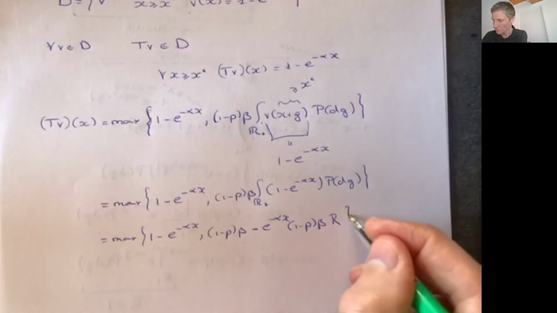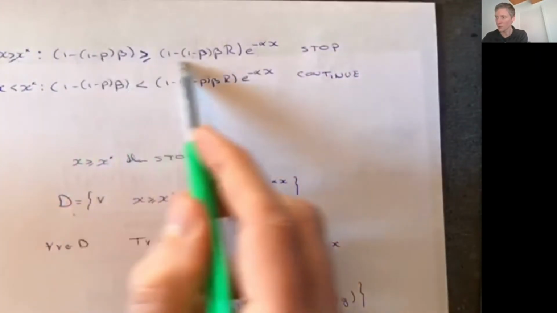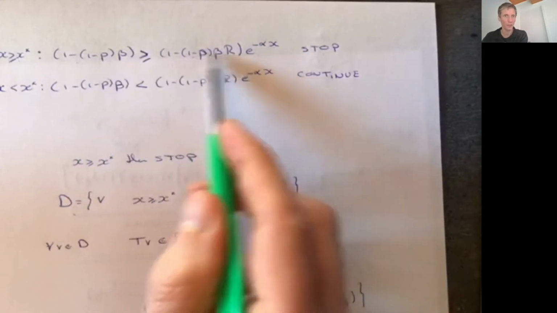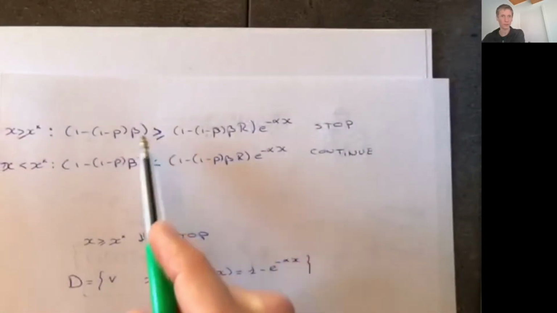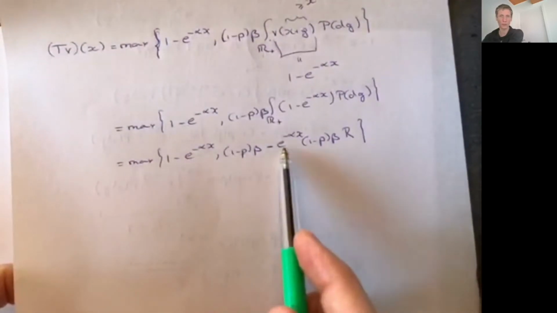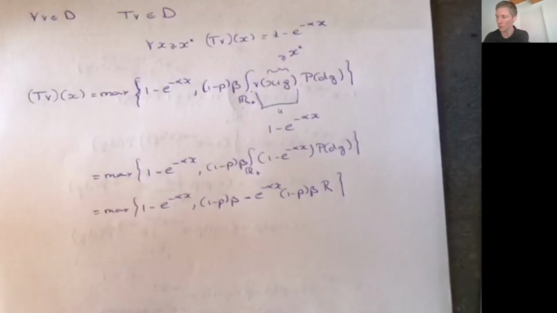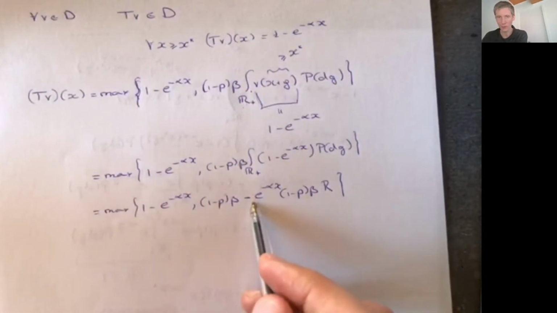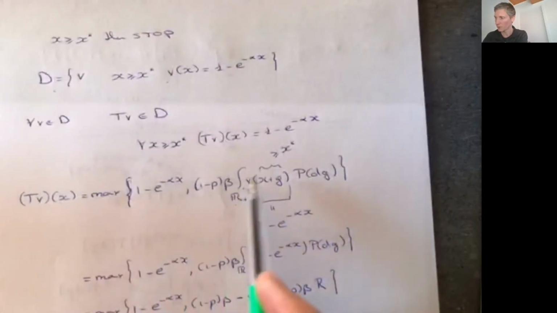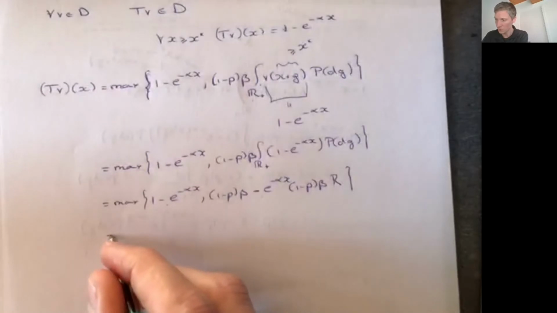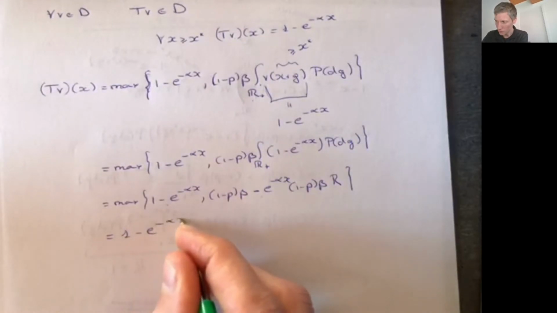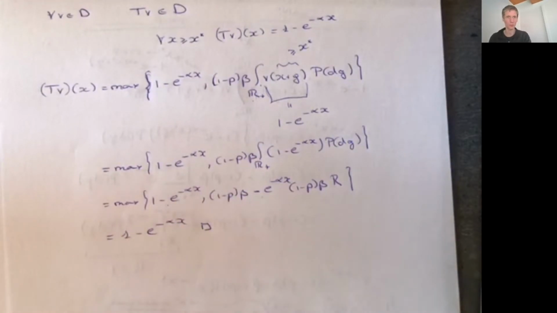Okay, and then because of this condition here, you can rewrite this to show that, because basically this was derived from a comparison between this one and this one, if this is the case, then the first component will be bigger. So here the maximum between this and this for x bigger than x star is going to be equal to 1 minus e to the minus alpha x, and this shows this part of the proof.